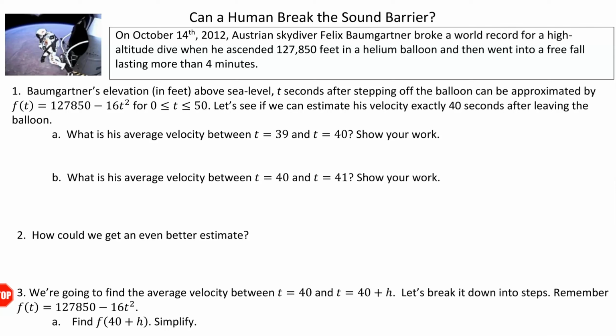So, what is his average velocity between t equals 39 and t equals 40? Okay, so what's that going to be? We'll plug in 40 inside the function, and we'll then plug in 39 inside the function, and then we'll divide by the difference.